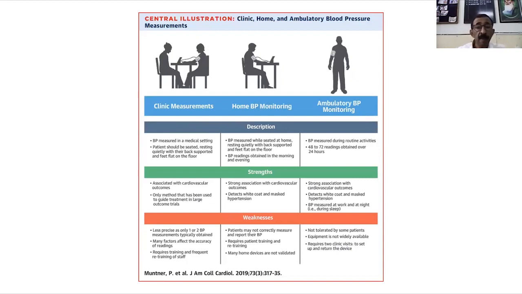Out of these, we are more concerned with ambulatory BP monitoring vis-a-vis home BP monitoring, because these are the two methods of BP monitoring which tell us about an estimate of the true BP, out of the office BP measurement. So in the coming slides, I'll focus on a head-on comparison between ambulatory BP monitoring and home BP monitoring.